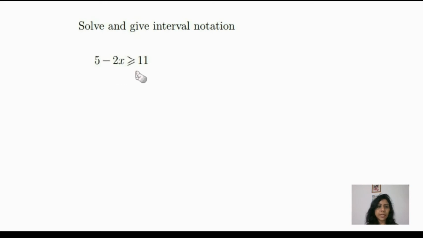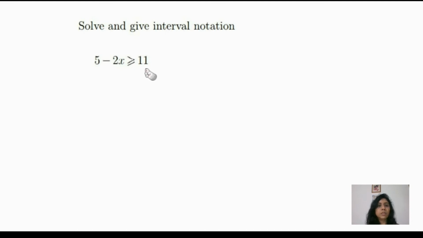If you add, subtract, multiply or divide by any positive number, the inequality doesn't change. But if you multiply or divide by a negative number, the inequality sign changes. So remember this thing.